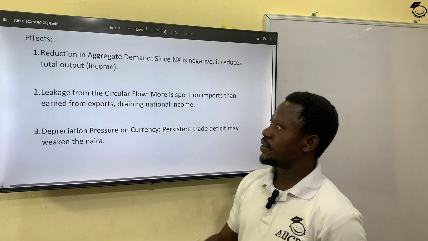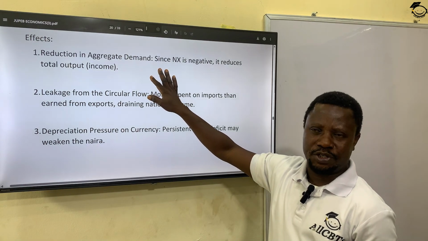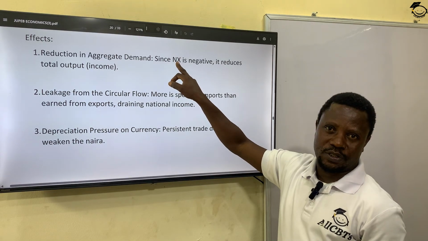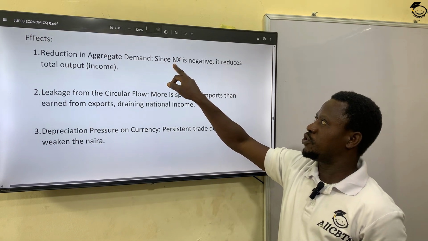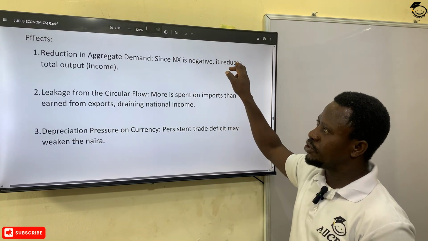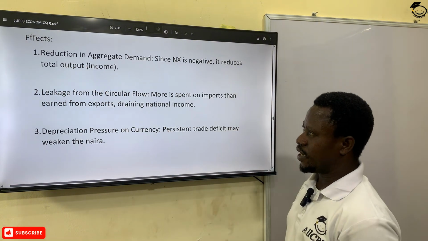One, there's a reduction in aggregate demand. Why did we say demand reduces? Because the net exports, the difference between income and export, is negative. So it reduces total output. It reduces the income that we get in that economy.